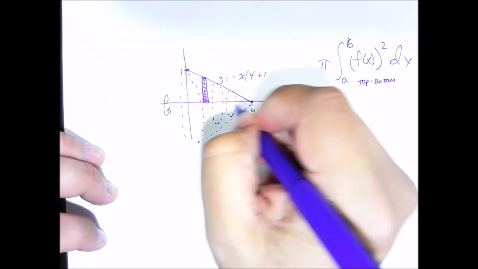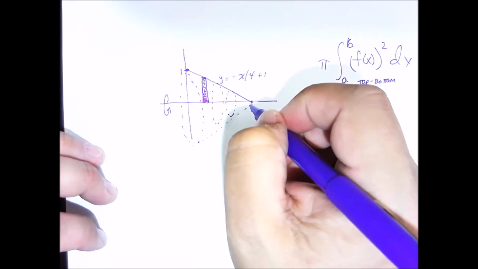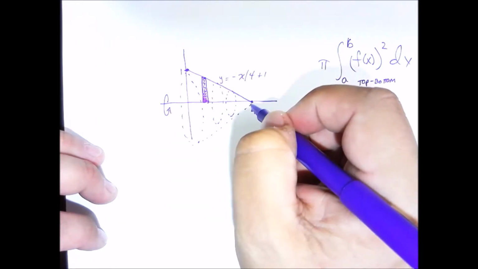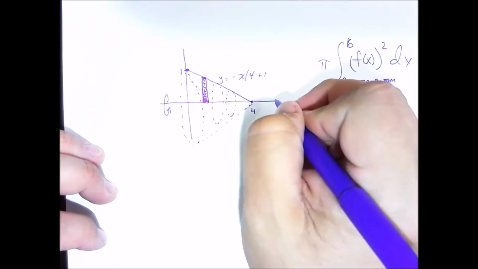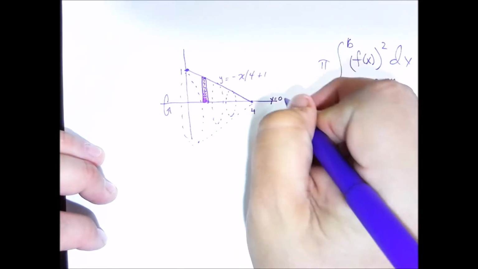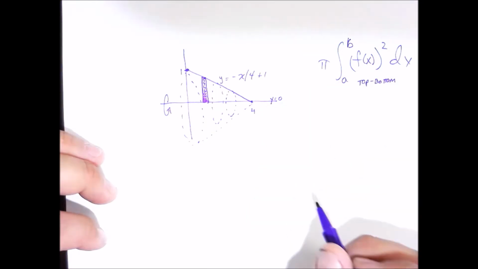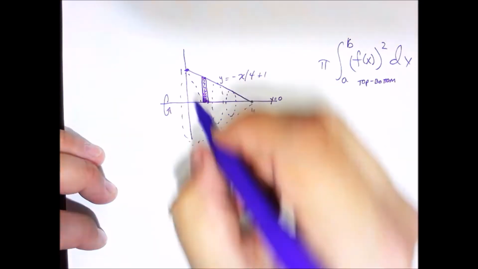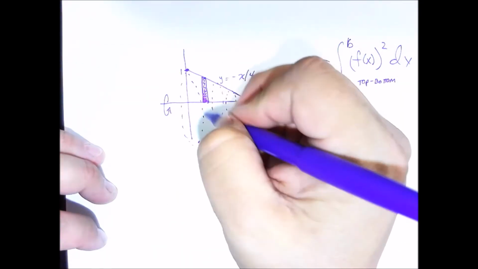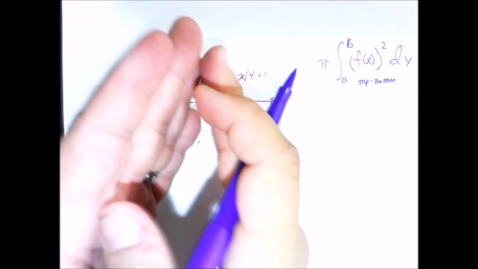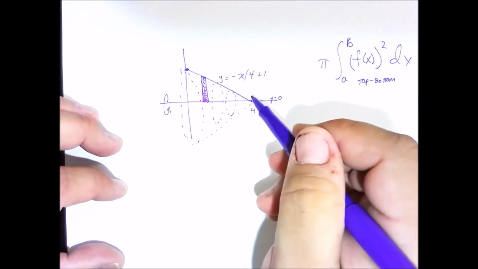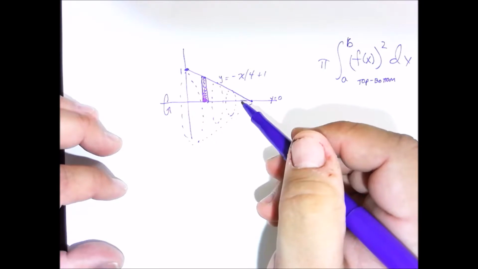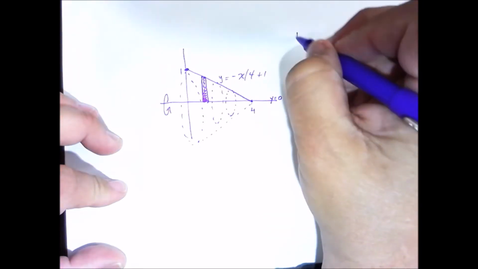This is the top equation, and the bottom equation is the x-axis. That formula would be y equals 0, right? Makes sense? So we're taking a bunch of these rectangles and squishing them all together to make all these discs as we rotate around. This is why this is called the disc method.